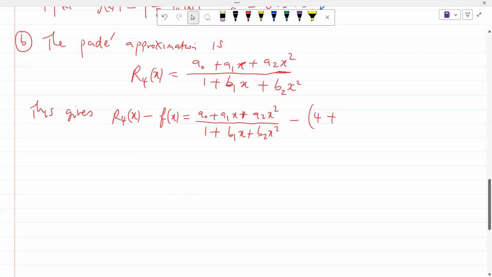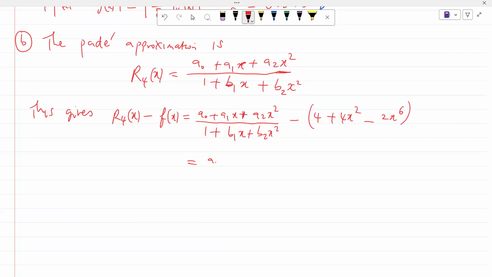So we subtract it. Right, so we have 4 plus 4x squared, and then we subtract 2x to the sixth power.